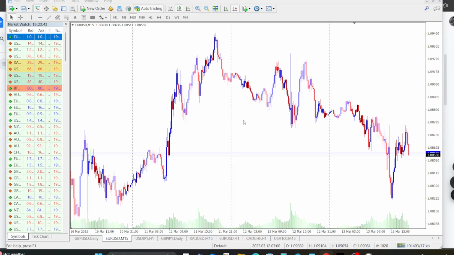So this spread fluctuates based on market liquidity, volatility, and institutional trading activity. By using a spread matrix, you can compare spreads across multiple currency pairs in real time, identify periods of high liquidity, which are tight spreads, and low liquidity, which are wider spreads. And you can also adjust your trading strategy to avoid costly trade execution errors.